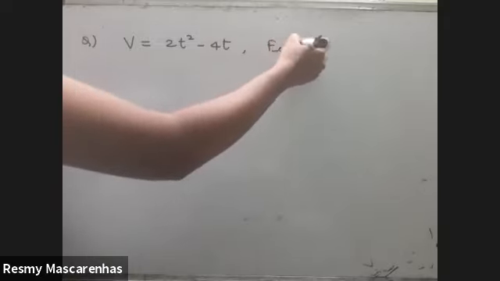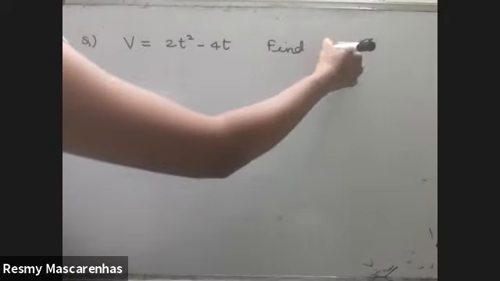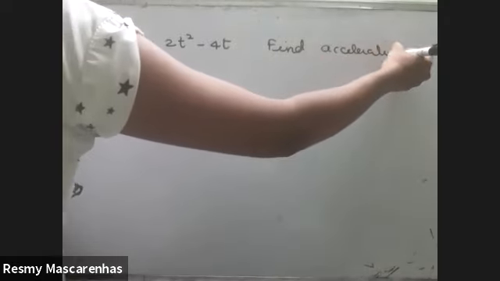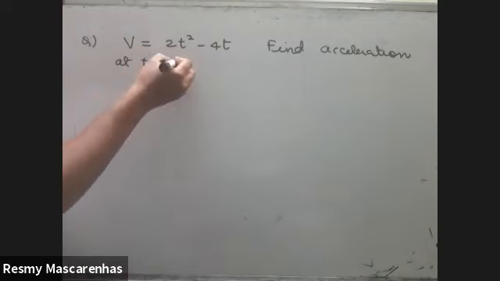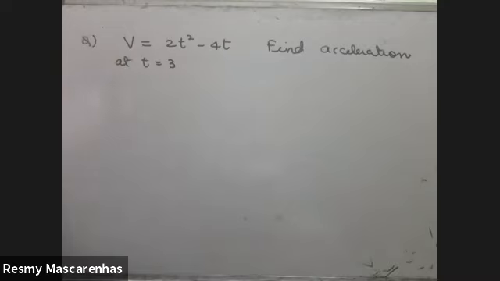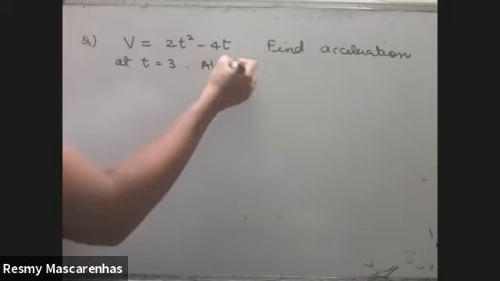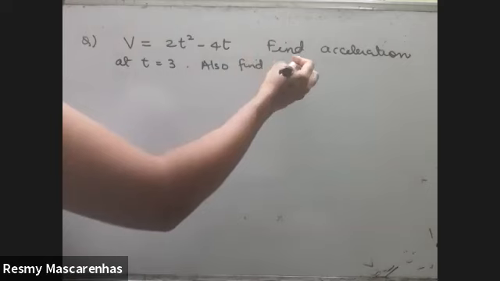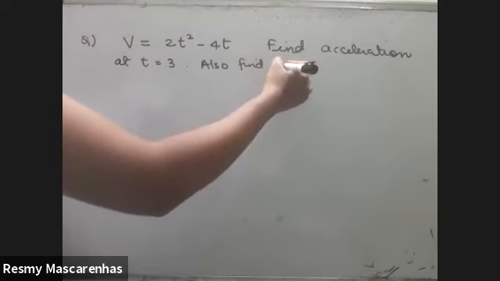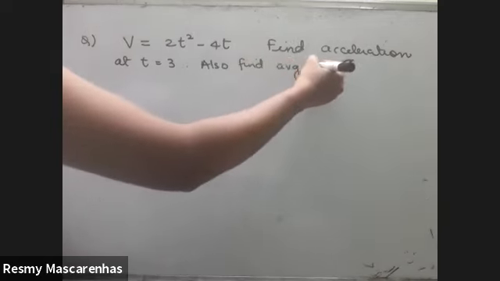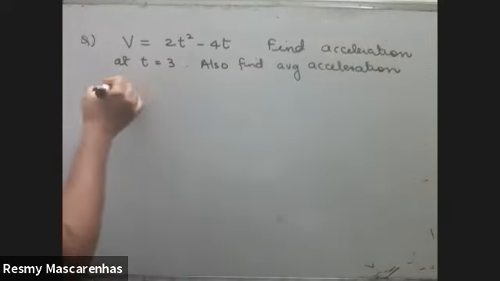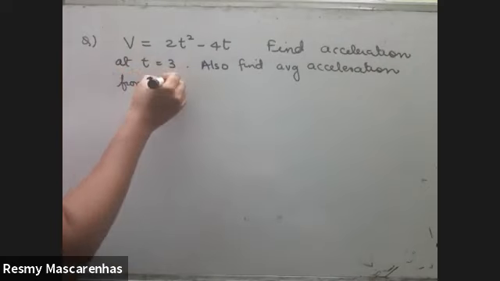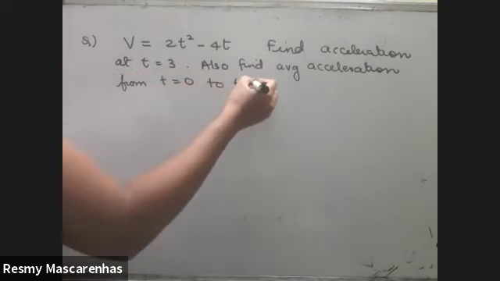Find acceleration, and also find average acceleration from t equals 0 to t equals 3 seconds.